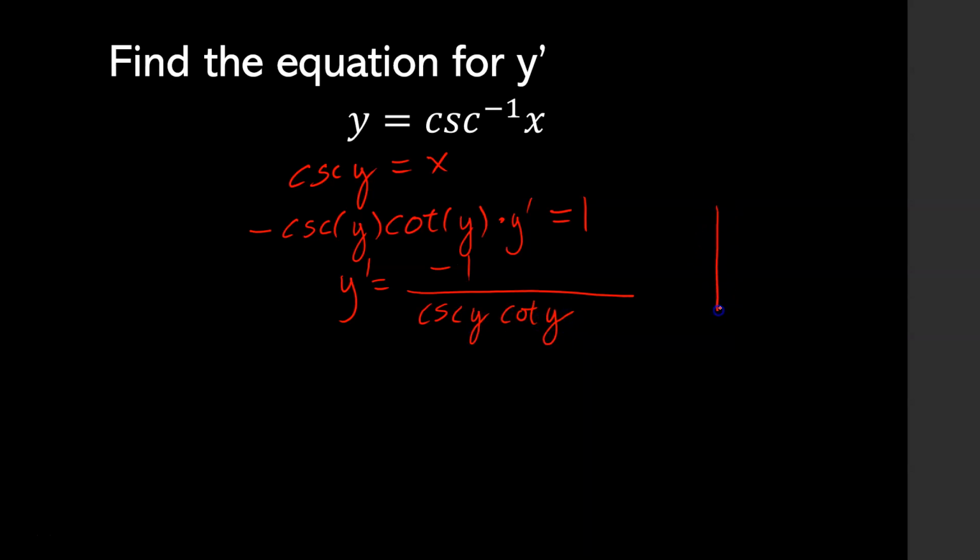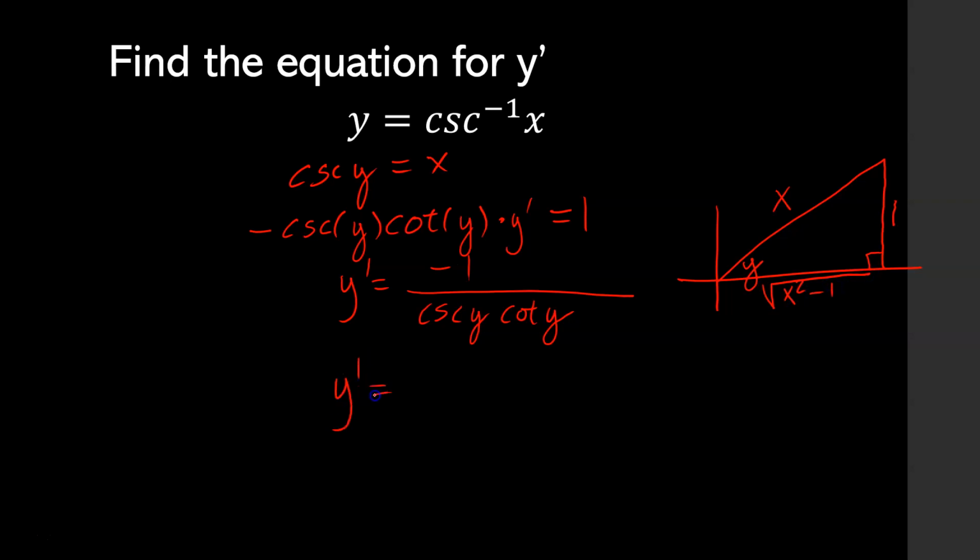That'll be an easy substitution, but I do need my triangle. Our angle is y. We're taking cosecant of y and getting x. Cosecant is the reciprocal function for sine. And so that means x is the hypotenuse and 1 is the side opposite the angle y. If we're taking cotangent, we need this missing side, which is the square root of x squared minus 1.